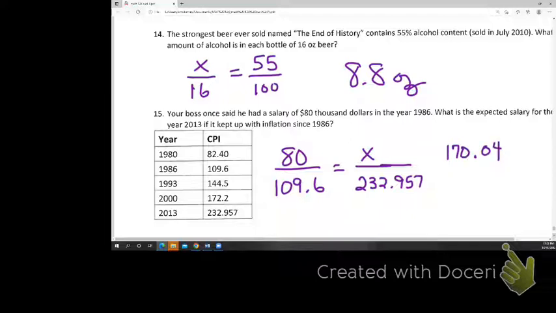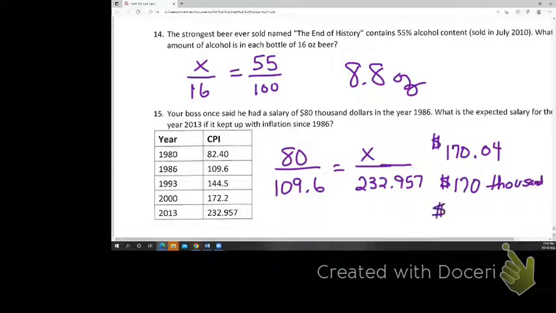Now, what is missing from that? The dollar sign, what else is missing from that? You've got to move the decimal. Sorry, 170,000. You could just tell me 170,000 would be okay.